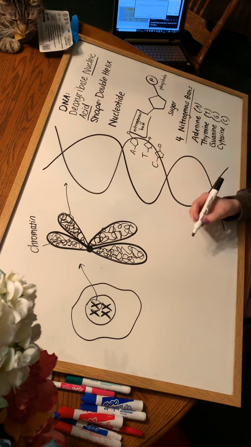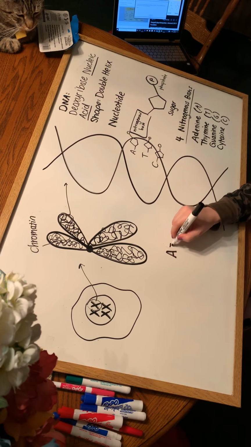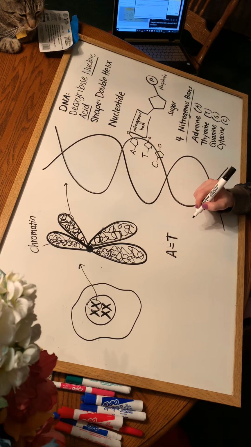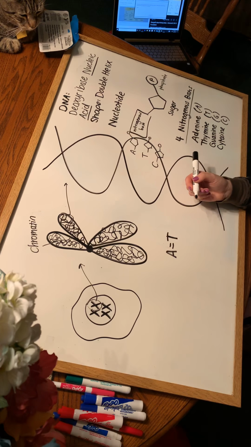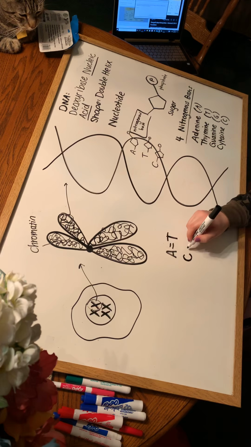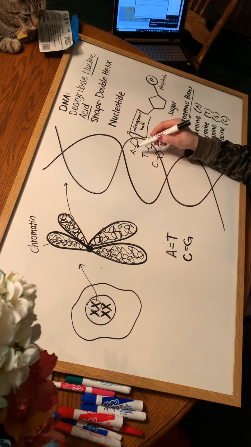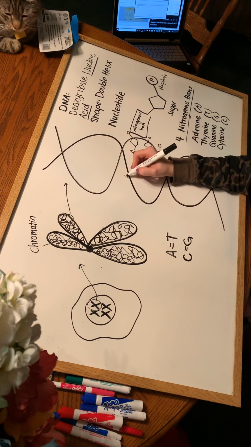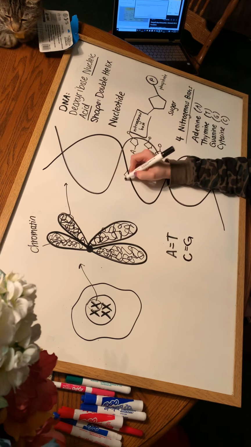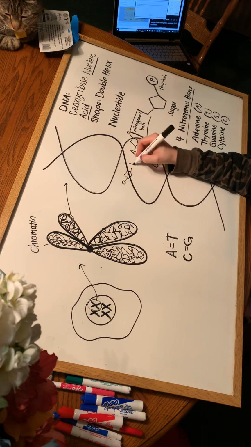He determined that adenine is always equal to thymine. Adenine binds to thymine, and cytosine is equal to guanine. C binds with G. So if we have an A here, we know that a T will be on the other side. So sugar, phosphate, T.